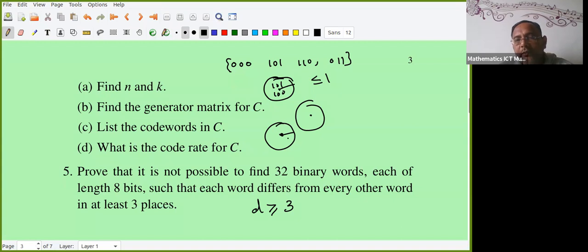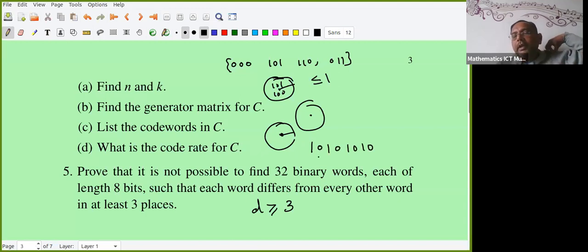Now the distance is 1.5. I'm taking 1.5 or less. Even 1, let us say 1 only. If I take 1, then which vectors will be there? Distance 1, 0, and 1 only, right? How many vectors will be there at distance 1 from any given vector? For example, I have a vector of length 8: 1, 0, 1, 0, 1, 0, 1, 0.